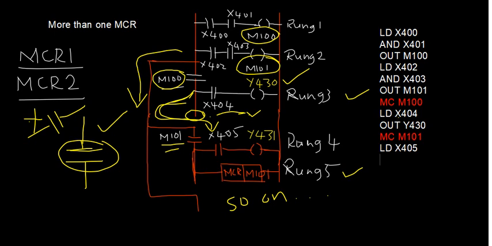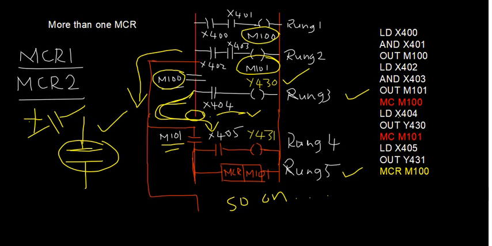Now you have one more important instruction, MCR M101. This is a very important instruction here, because I am resetting the master control relay M101. It is not 100, it is 101, M101. Beyond this, I don't have any instructions to be written, because I am not writing the instructions for a particular example.